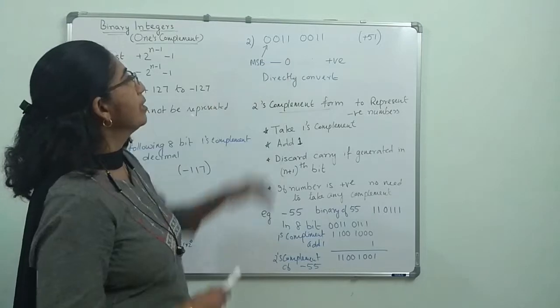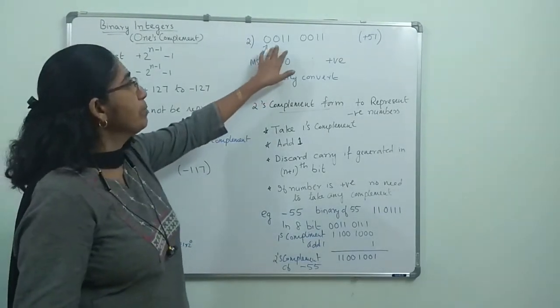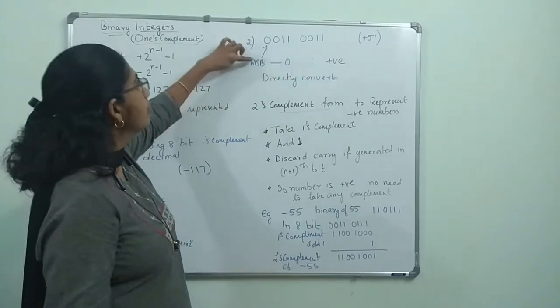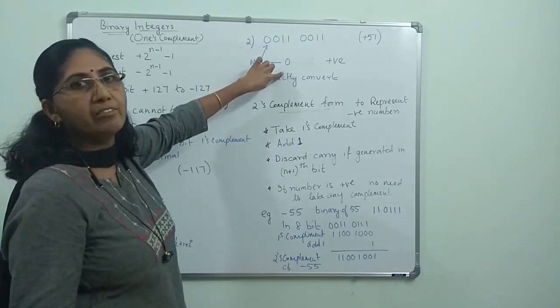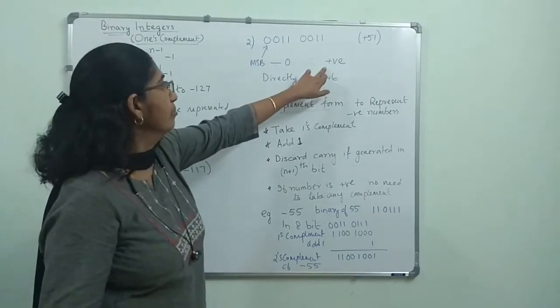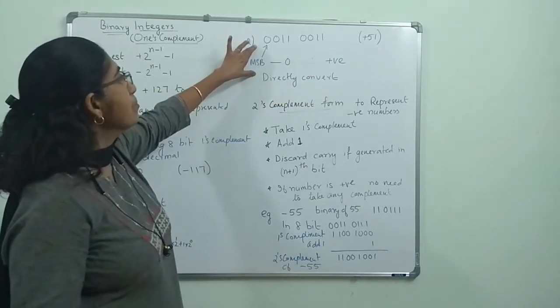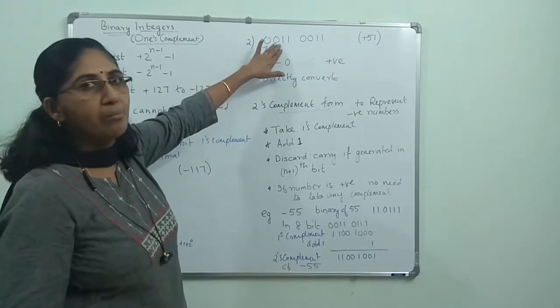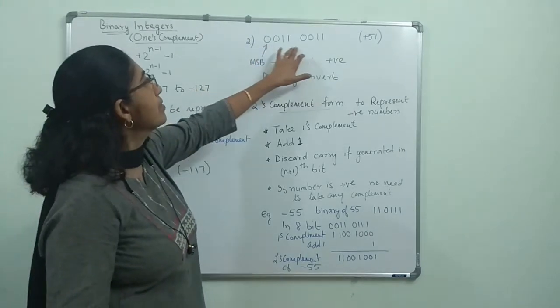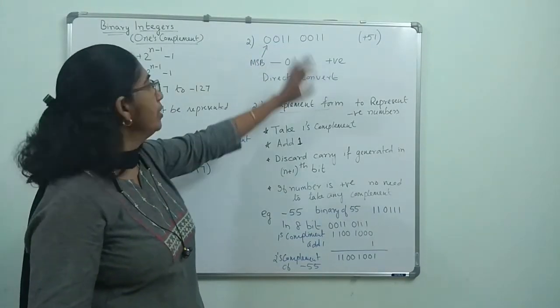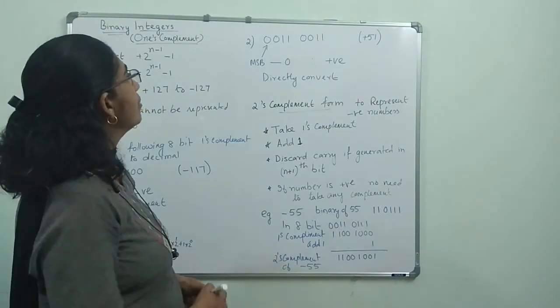This is the number you have been given in the ones complement form. Just look at it, most significant bit. It is 0. So what is the number, positive or negative? It is positive. So if the number is positive, you don't need to take any complement. You can directly convert. Now you simply convert this as you convert a binary number to a decimal number. So what is the value you get?